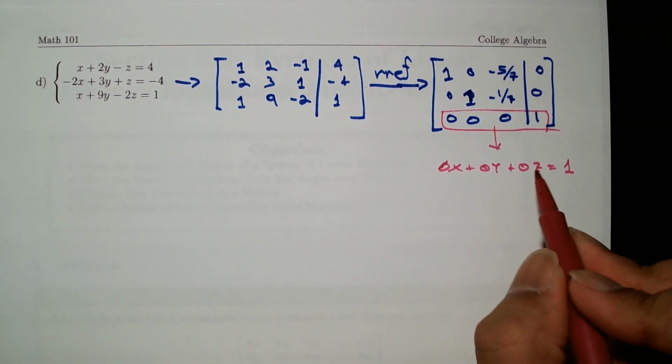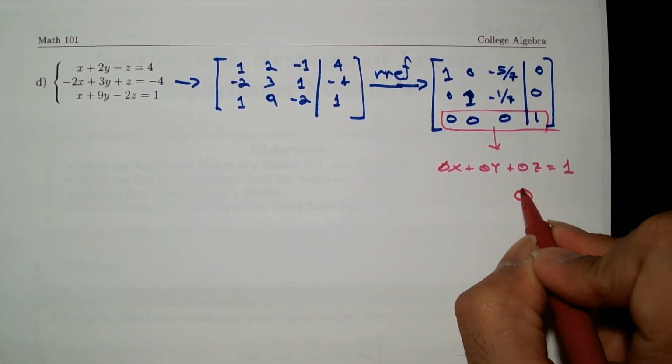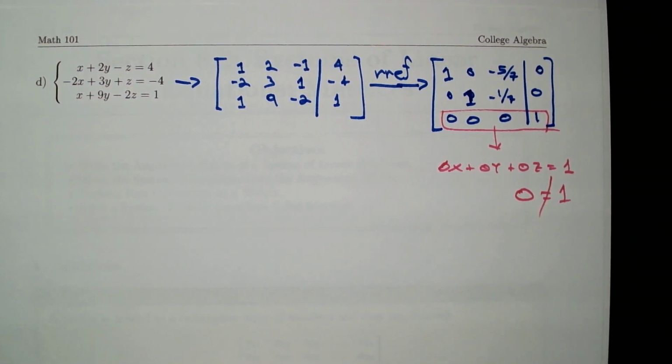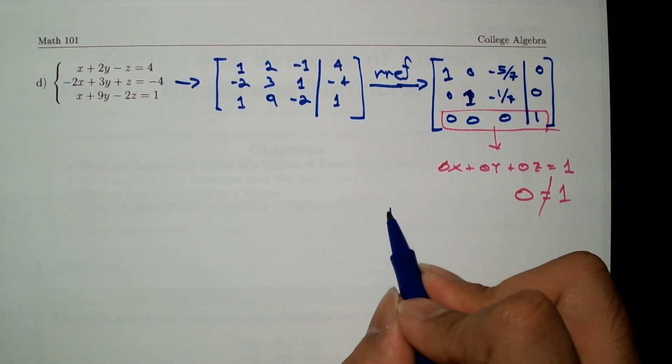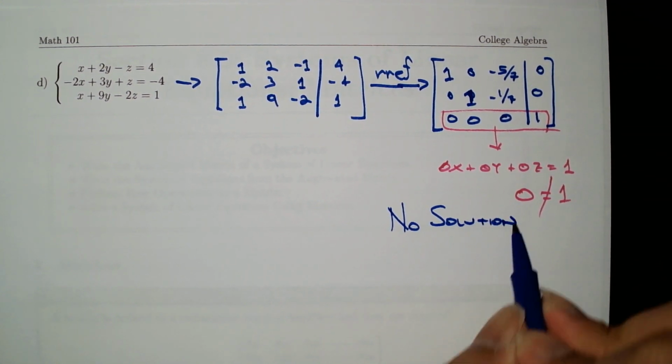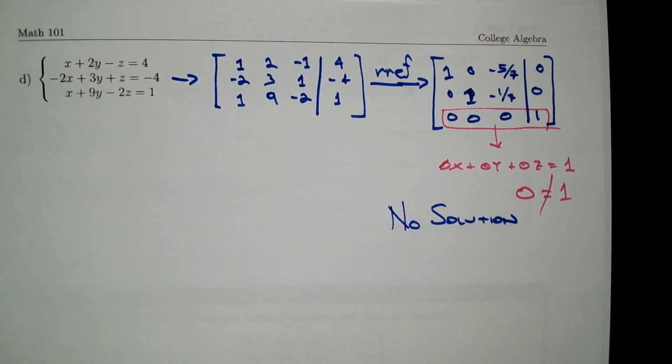But the whole left-hand side of the equation is 0, this equal sign, and 1. Isn't this a contradiction? For this reason, this system has no solution. No solution to this system. All right.